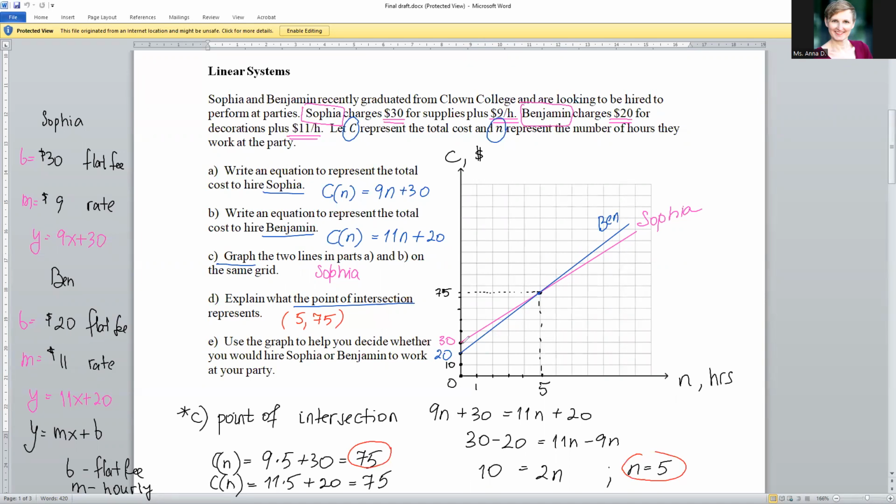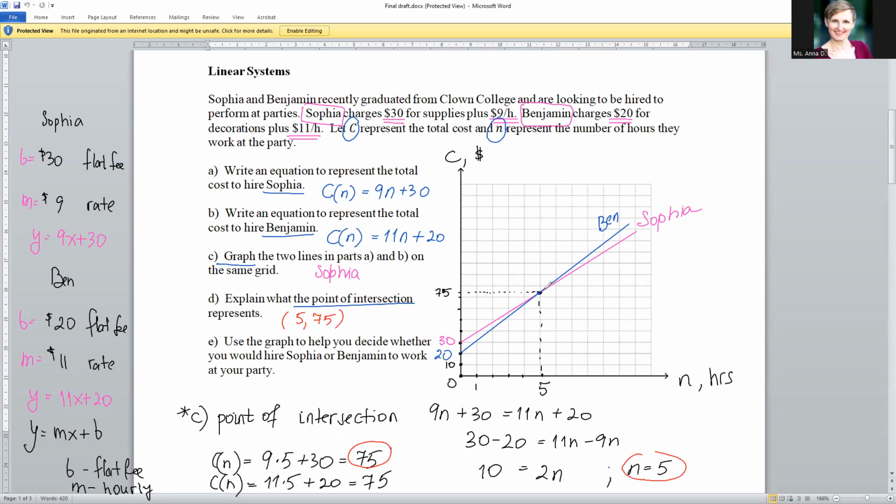So Sophia starts working and everything from 0 to 5 hours, the pink graph is higher than the blue graph. That means that during the first 5 hours, Sophia costs more to employ than Ben.